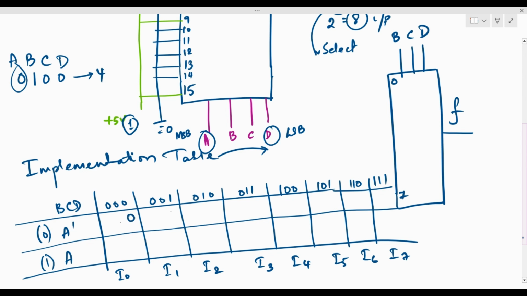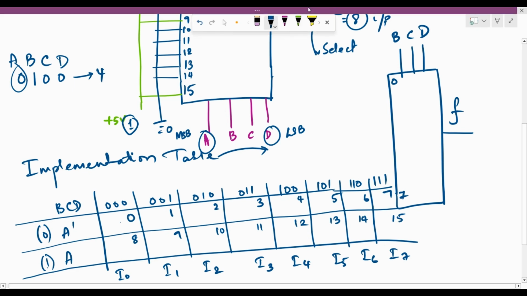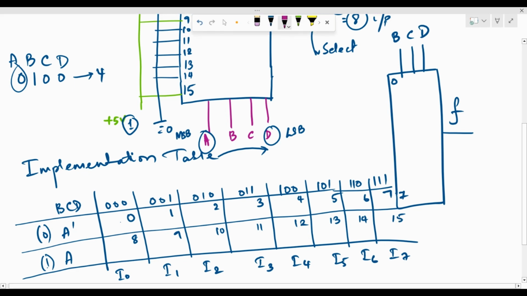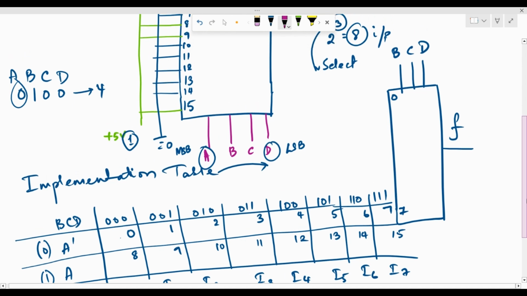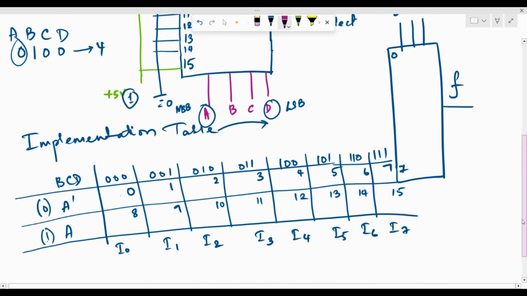So 0, this is 1, 2, 3, 4, 5, 6, 7. This is 1000 means 8, 9, 10, 11, 12, 13, 14, and 1111 is 15. So you can check the combinations from each of these boxes and verify it for yourself. So this is the first step, to write out the implementation table and number it correctly.